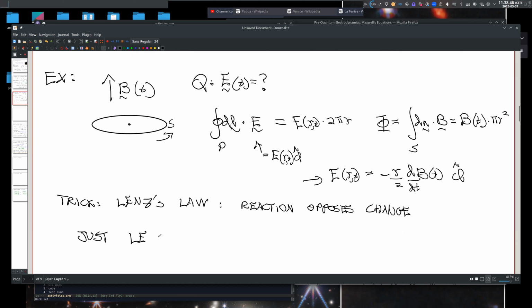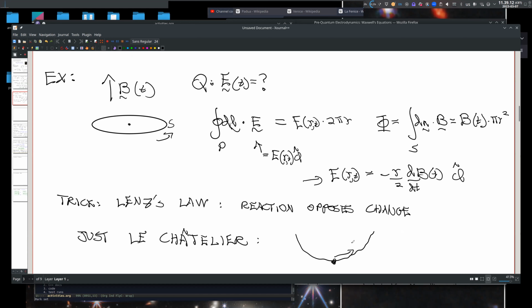Le Chatelier's principle. And so what does Le Chatelier's principle tell you? Let's imagine that you have a potential landscape like this with an equilibrium point at the bottom. And let's say that you are pushing one way.